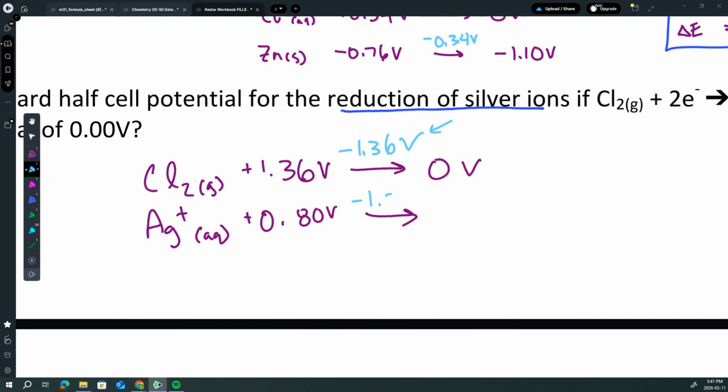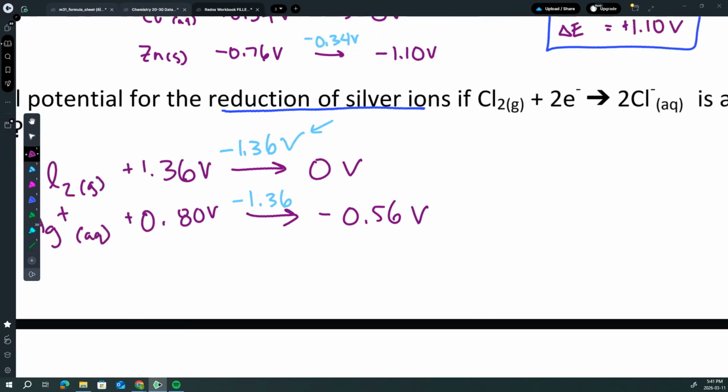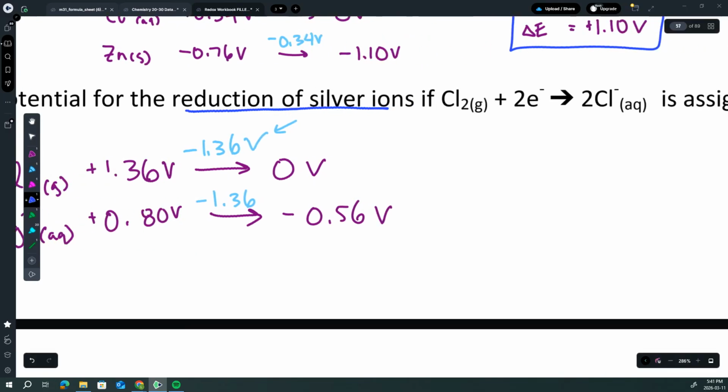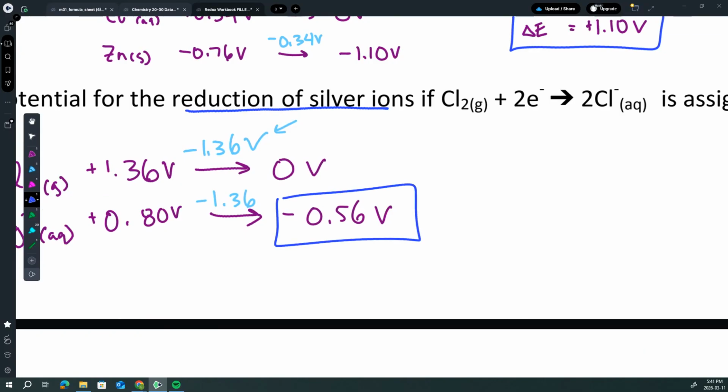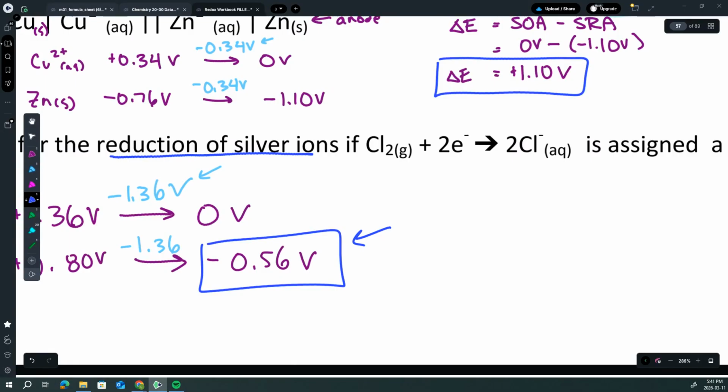So 0.8 minus 1.36 is going to give us negative 0.56 volts. So this is the new reduction electrical potential for silver ions, using this as the new reference cell.